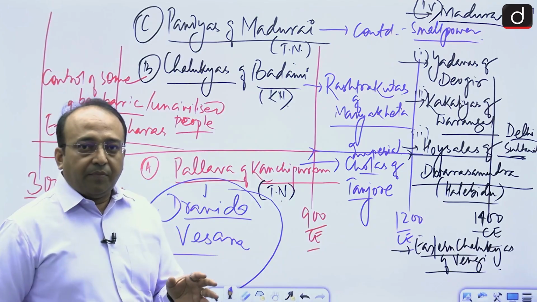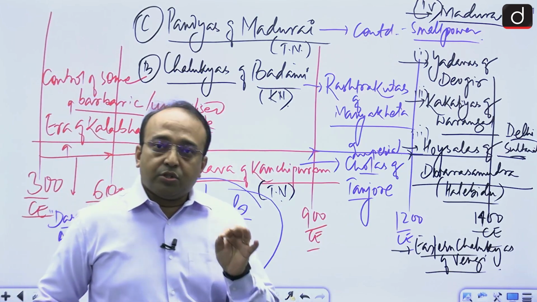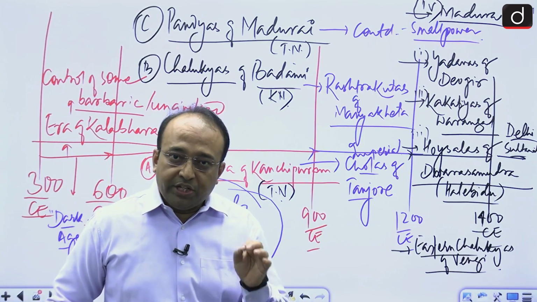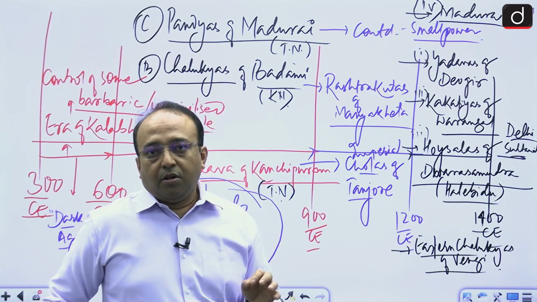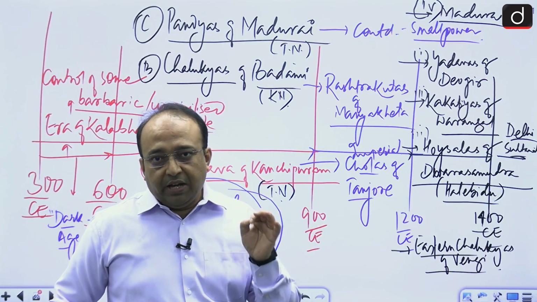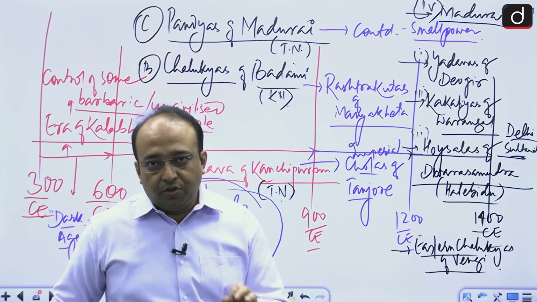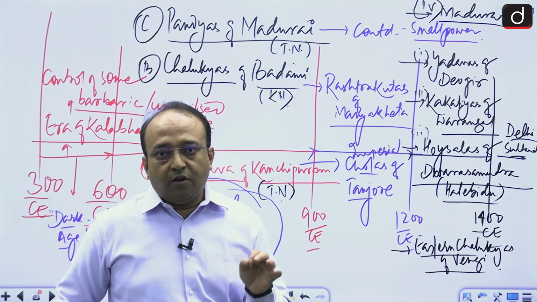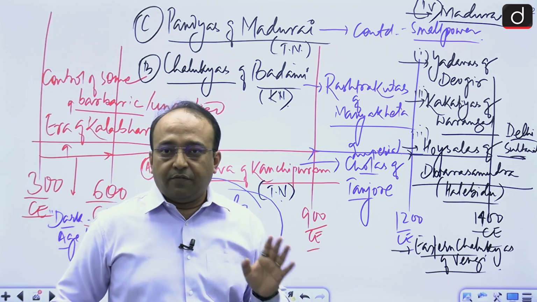So this exactly is going to be the method of teaching in the class. You would be able to understand and appreciate each and every development in the history of India, in the history of the world, in the classes itself.